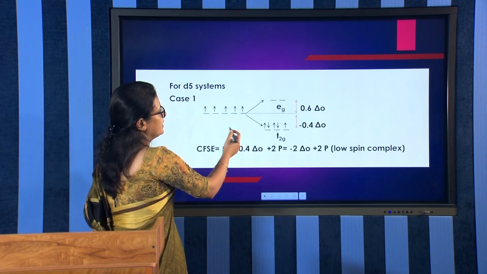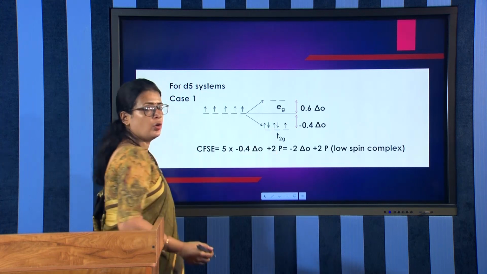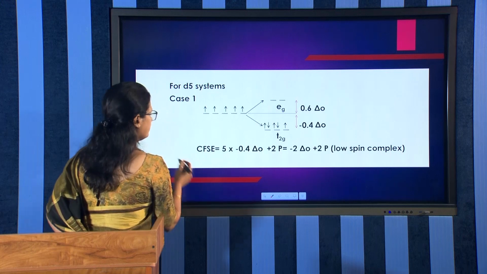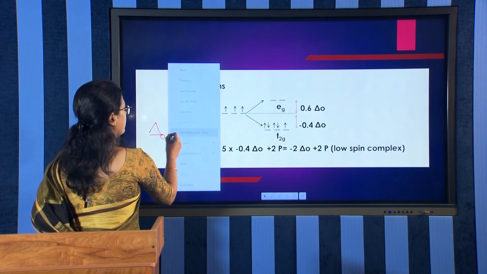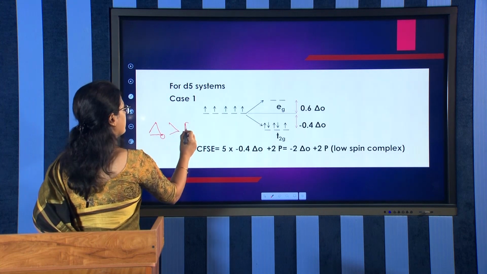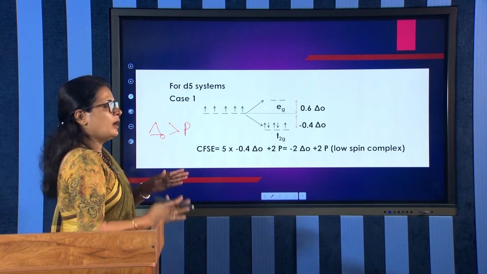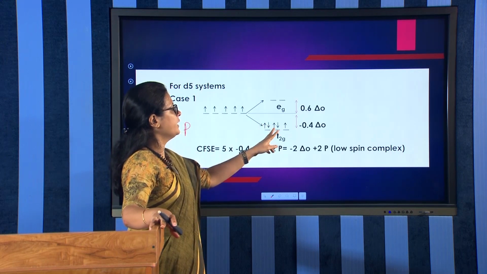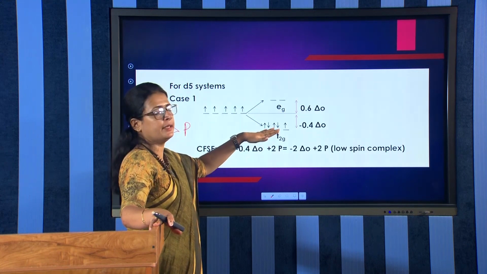Case 1 is we are actually having all the electrons in the T2G orbital, that is in this case delta O is greater than the pairing energy. Pairing energy is less when compared to delta O, which means that higher splitting is there. So, the 4th and 5th electron is not going upside, it is simply paired here only.